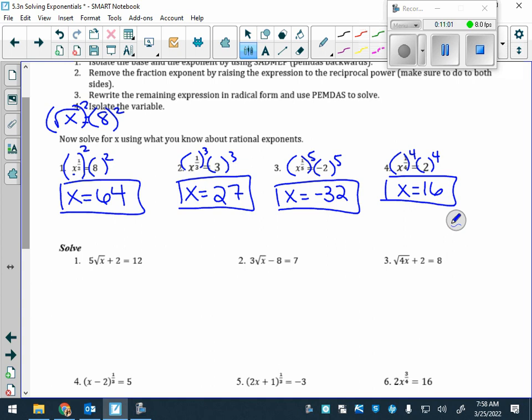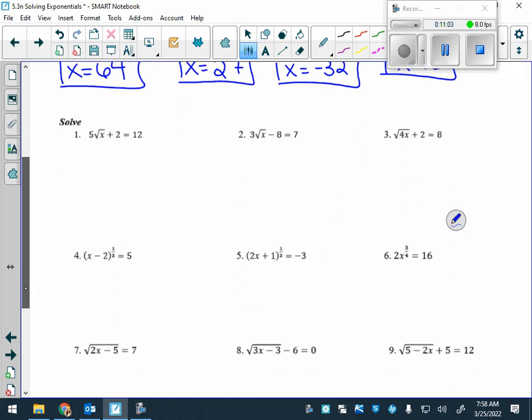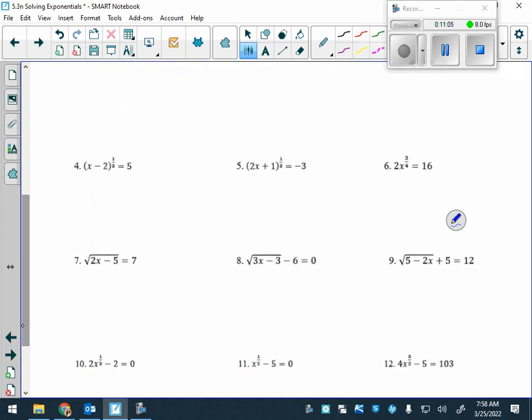Okay. So let's look at number 4. We're going to skip around a little bit here. Let's look at number 4. What do you have to do first? Camilla? Good. You would cube both sides.